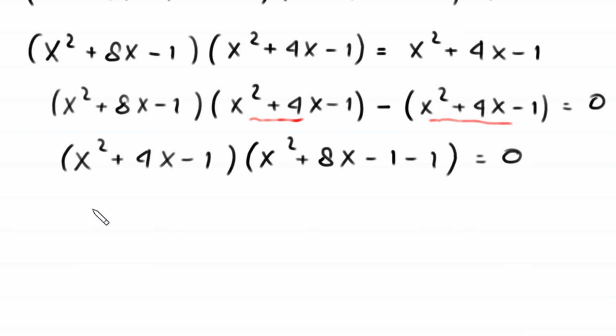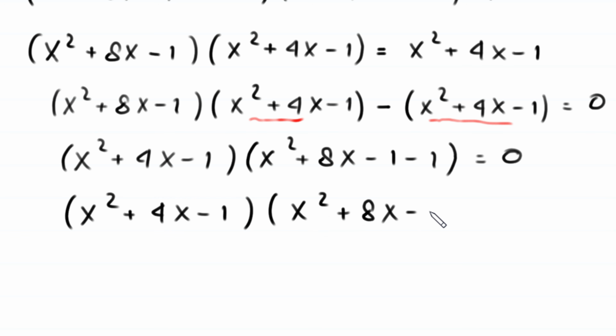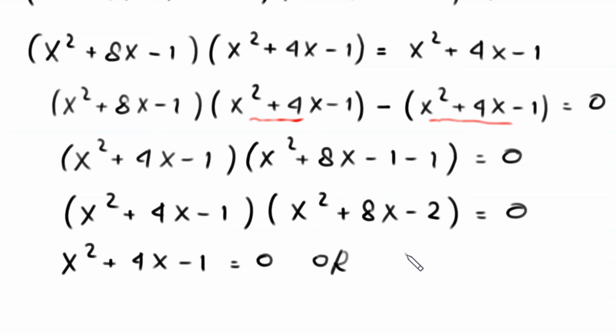Further simplifying, this will become (x squared plus 4x minus 1) times (x squared plus 8x minus 2) equals 0. Either x squared plus 4x minus 1 equals 0, or x squared plus 8x minus 2 equals 0.